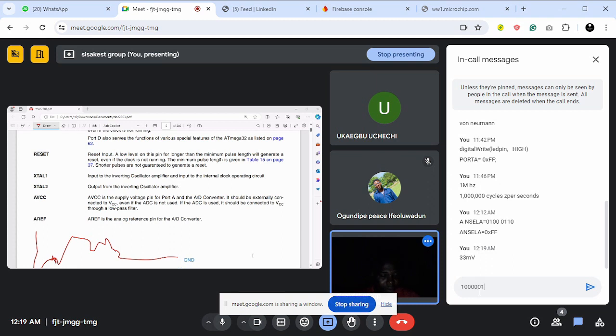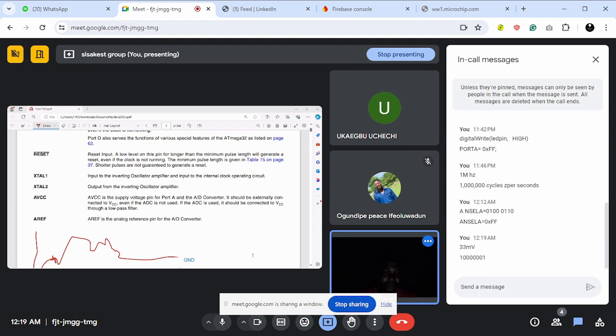I believe that should be 1 2 3 4 5 6 7 and 8. So this is actually 33. This is what the ADC will convert the 33 millivolts that you send into it to. Then this value will be picked by the processor, and the processor will use this value to make decisions.